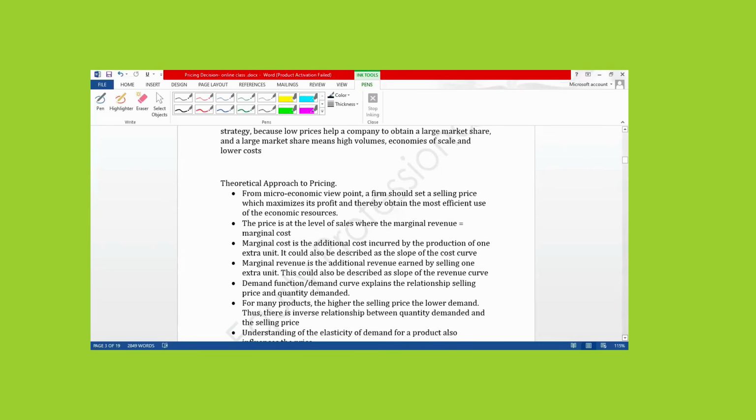Your marginal cost is the summation of all variable costs. So we now know how to calculate marginal cost: the summation of all the variable costs.